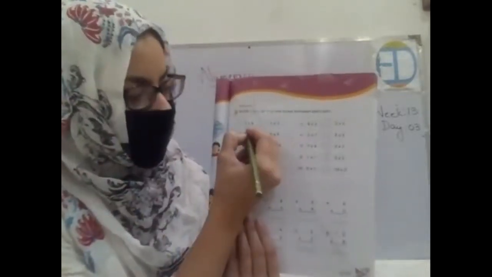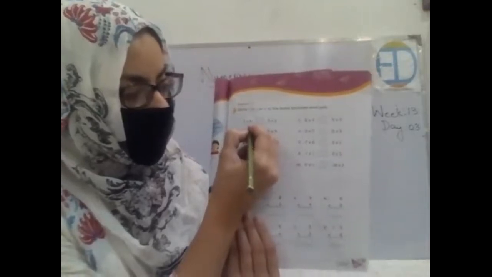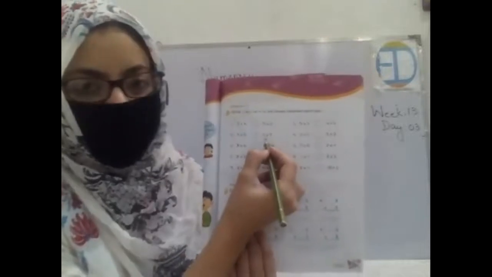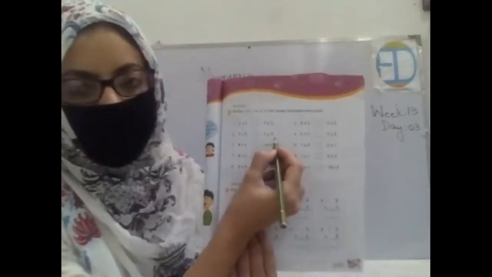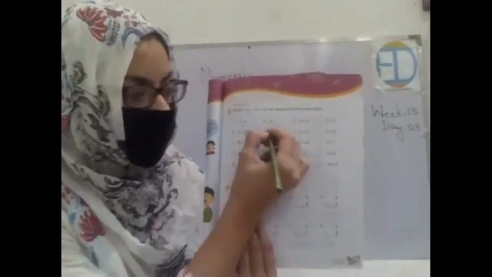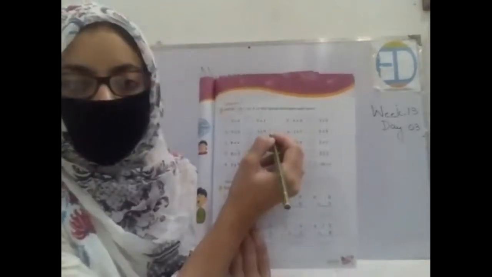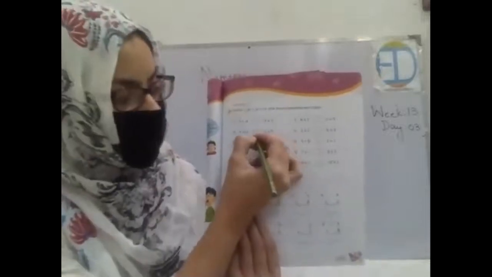So the answer is 45. You will write 45 with the lead pencil over here. Now look for the next one. It's 5 cross 9. 5 cross 9 is also 45. Now compare these numbers. They are equal to each other. So you will be writing the equal to sign over here. This is how you will be doing it.